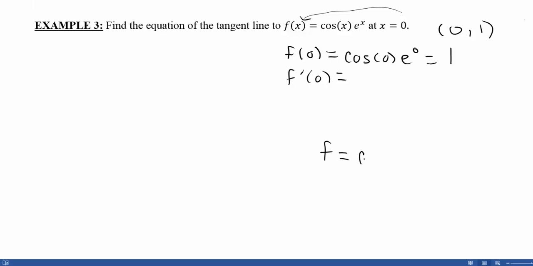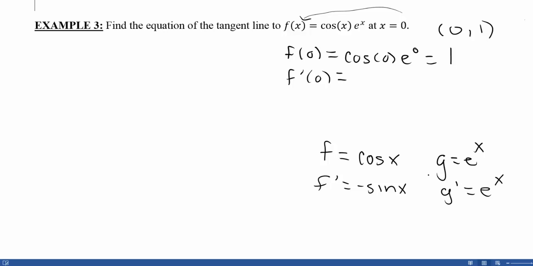So my f is cosine x and my g is e to the x. The derivative of cosine is negative sine, and the derivative of e to the x is e to the x. So now I'm going to do f prime times g.